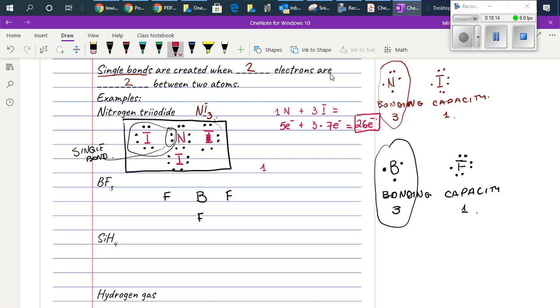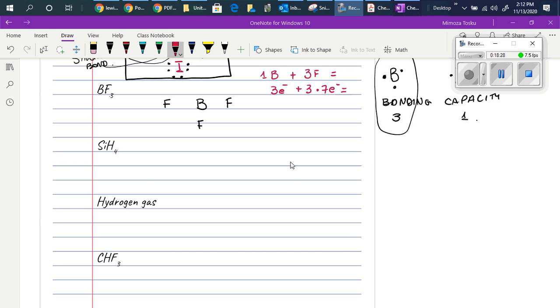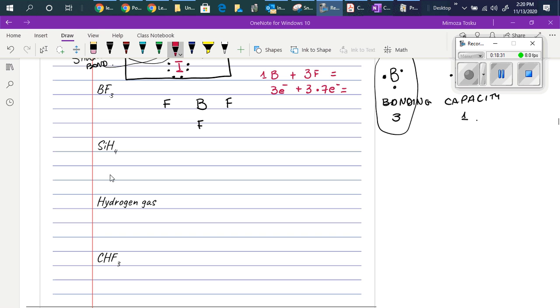We have 1 boron and 3 fluorine. Boron has 3 electrons, and 3 times fluorine's 7 is 21. So in total it will be 21 plus 3, 24 electrons.